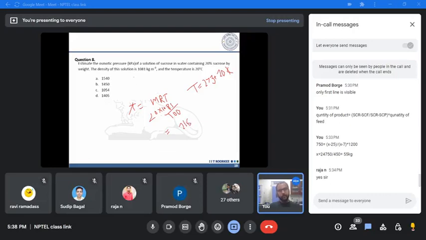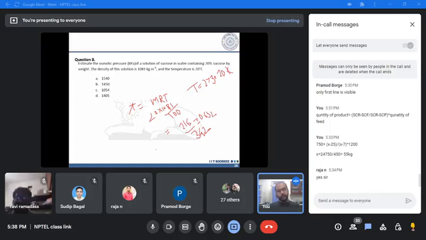The sucrose molecular weight is 342. So you will get 0.632.